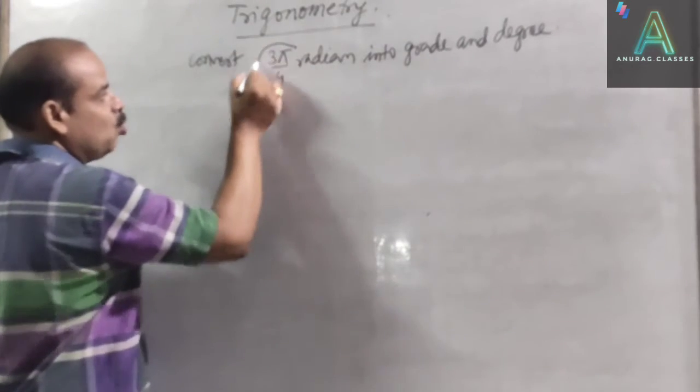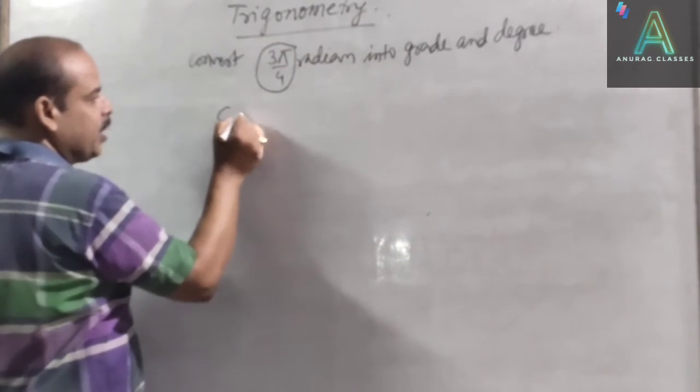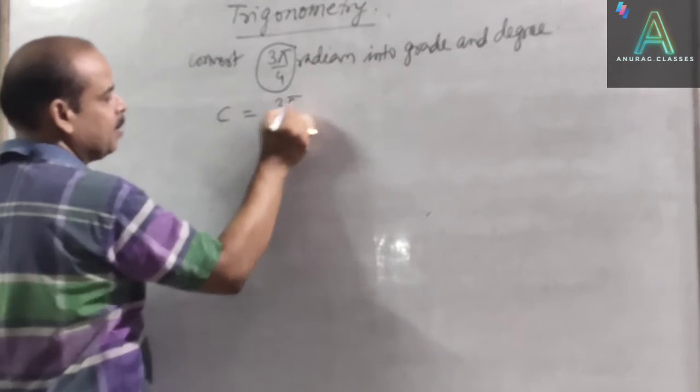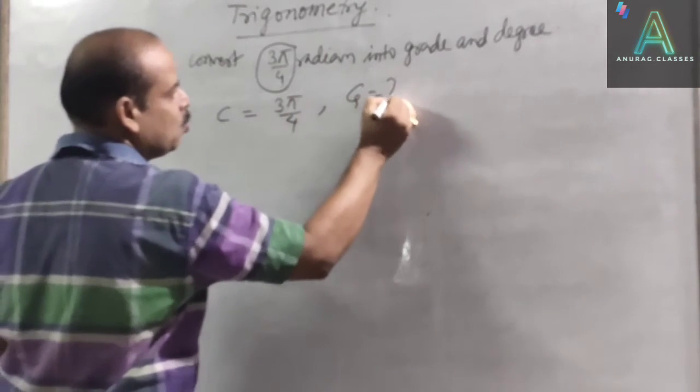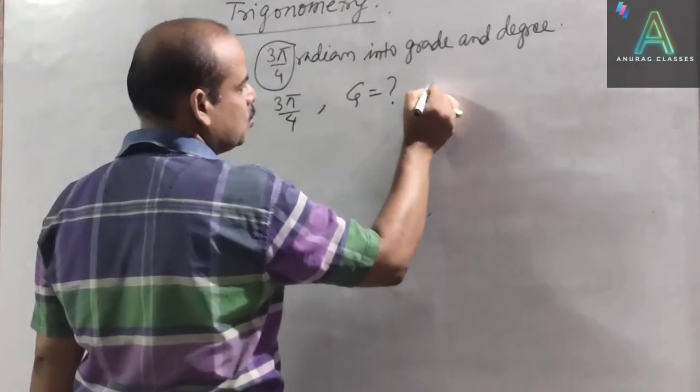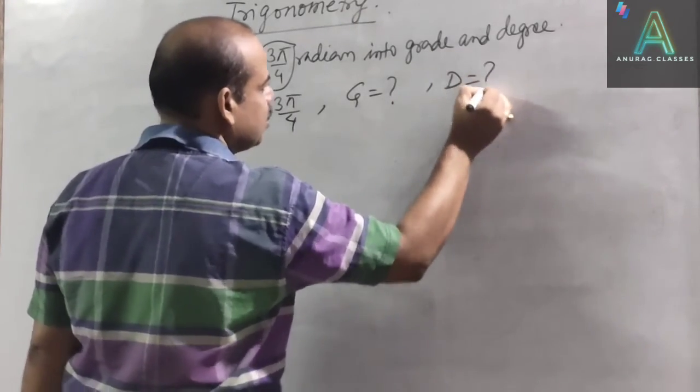So this is the value of angle in radian system. So we write c is equal to 3 pi by 4 and we have to find grade, means g is equal to what, and degree also, that is d is equal to what.